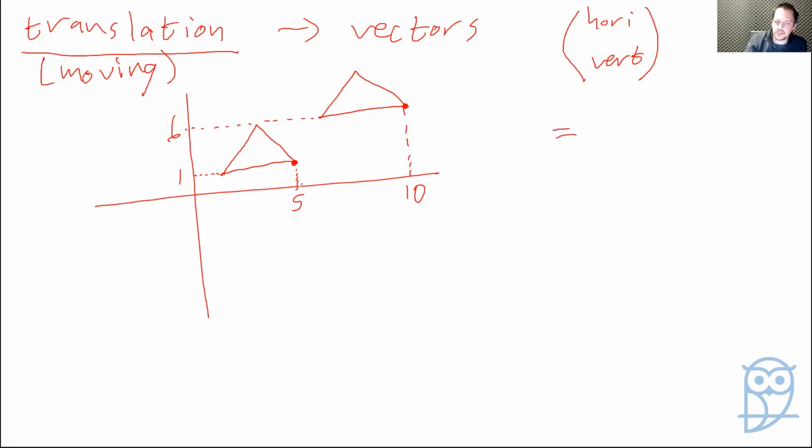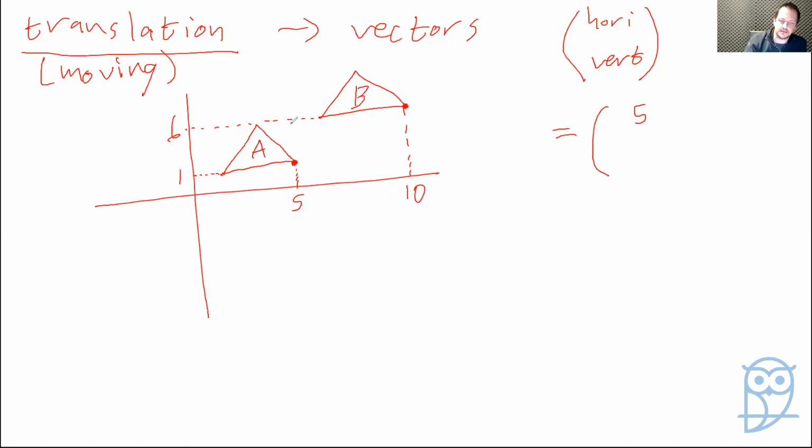So how much am I shifting horizontally? Well, I'm shifting 5 units horizontally. And if I'm starting here, I'm going from A to B, am I going to the right or am I going to the left? Well, I'm going to the right, which makes it a positive. Do I need to write the positive? No. If you want to, feel free.